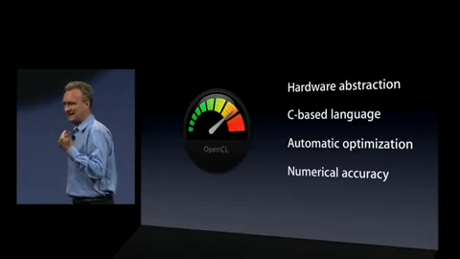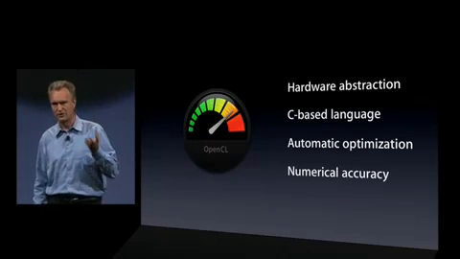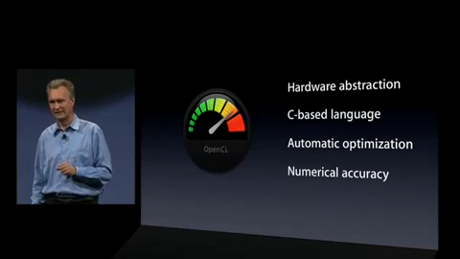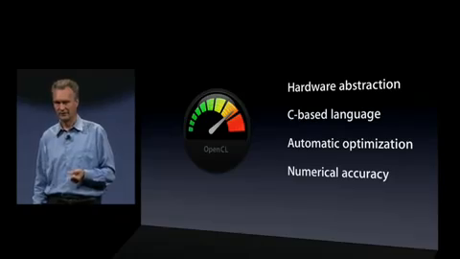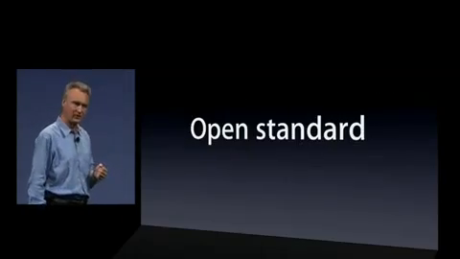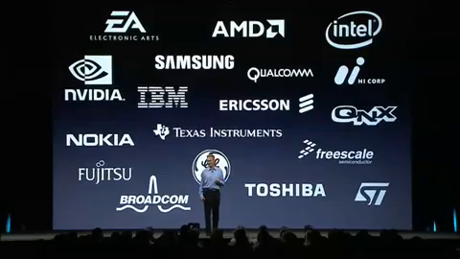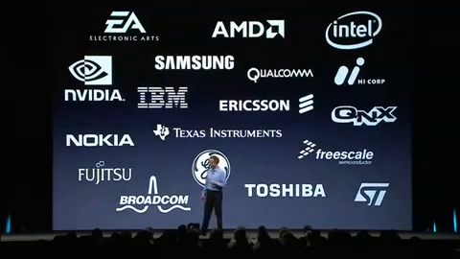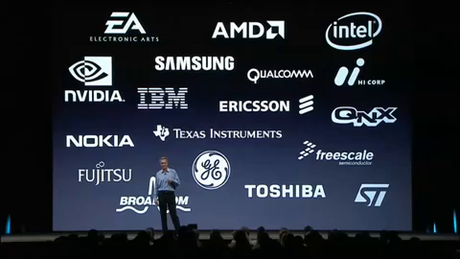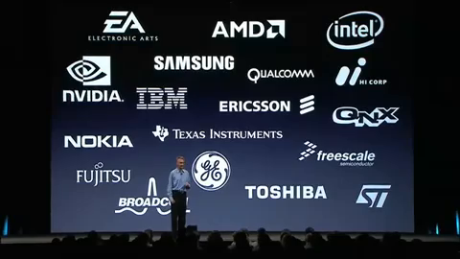And it has numerical accuracy, which means you can use that for scientific computation. We've also decided to make it an open standard, and many companies are participating. In fact, all the top manufacturers of graphics chips are in.